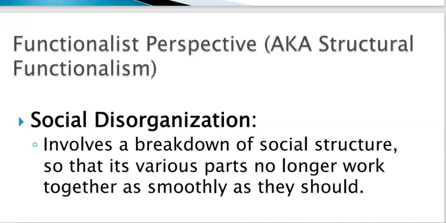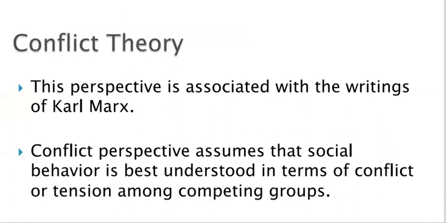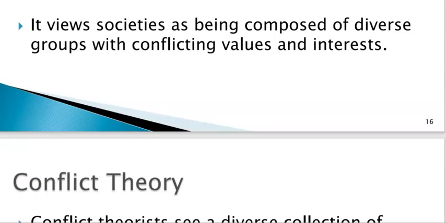So the functionalist perspective continued, talks about social disorganization, which involves a breakdown of social structure so that its various parts no longer work together as smoothly as they once did. Conflict theory, on the other hand, is associated with the writings of Karl Marx. The conflict perspective assumes that social behavior is best understood in terms of conflict or tension among groups that are competing.